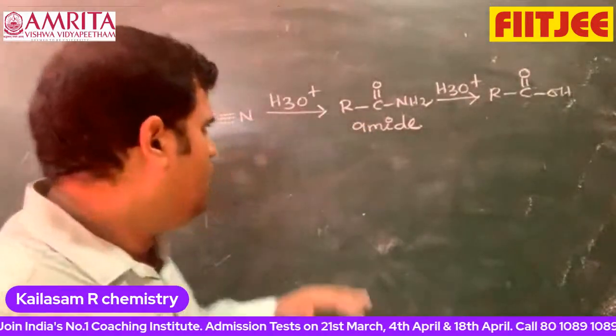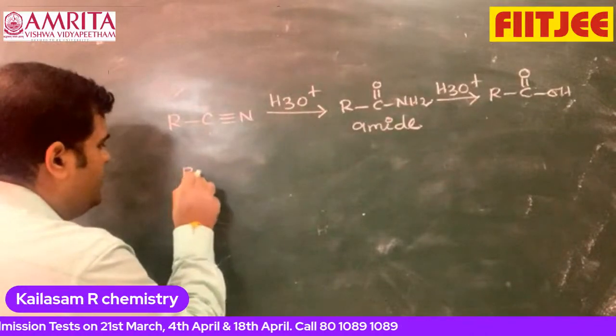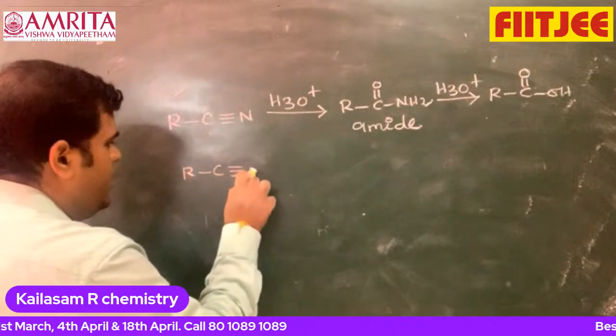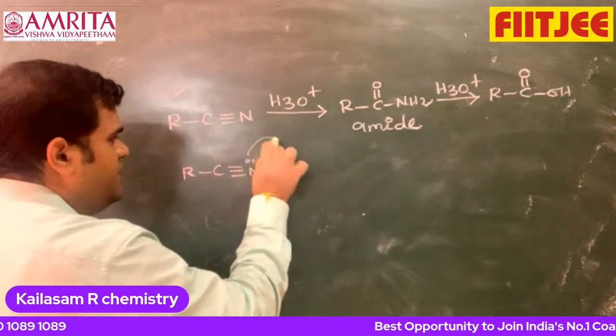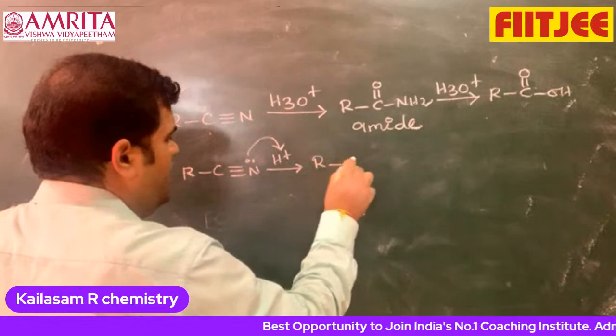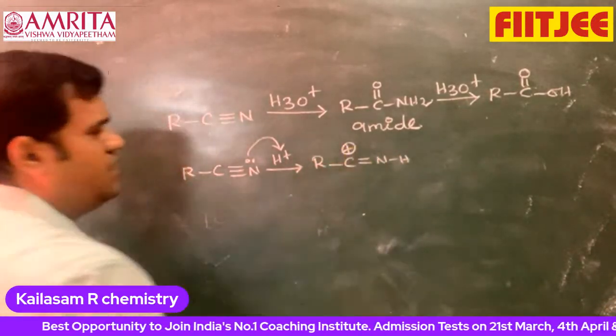Listen. Now, how is this mechanism taking place? I'm taking R C triple bond N in the presence of acidic medium. Look at this, a lone pair is there. It attacks, beginning with R C double bond N H, where the positive charge is going to come.